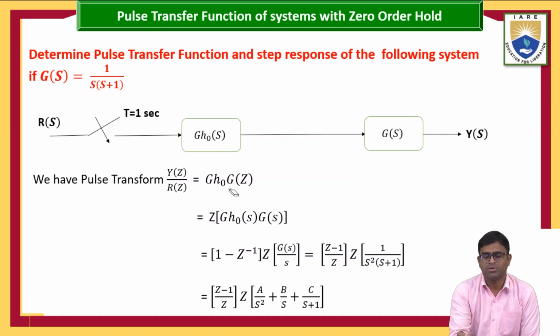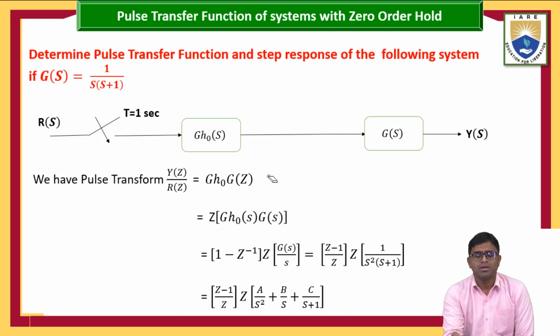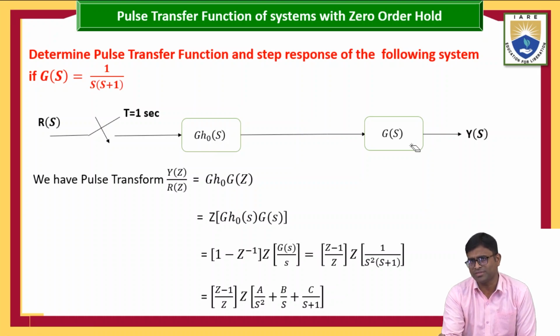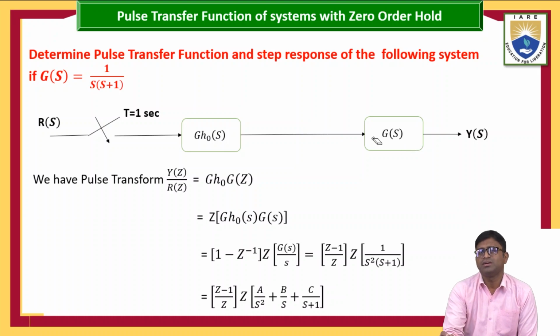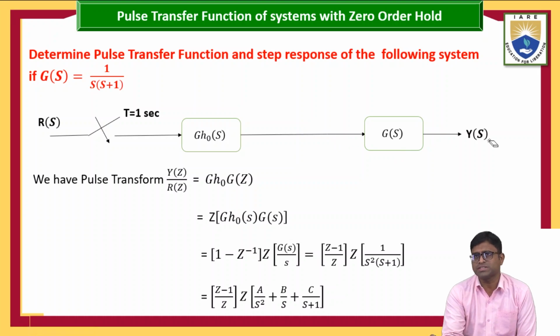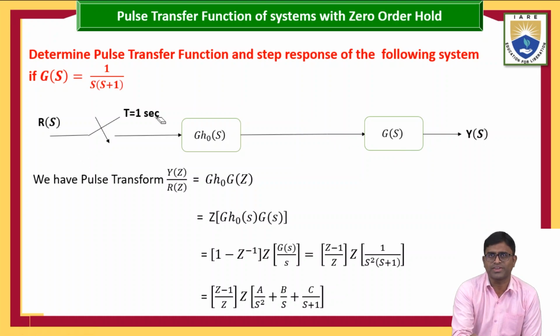For finding the transfer function for this total function, it is a single loop with only one forward path function, that is G of S, followed by the zero order hold device G H naught of S. If you want to find the transfer function with pulse, that is T equal to 1 second.